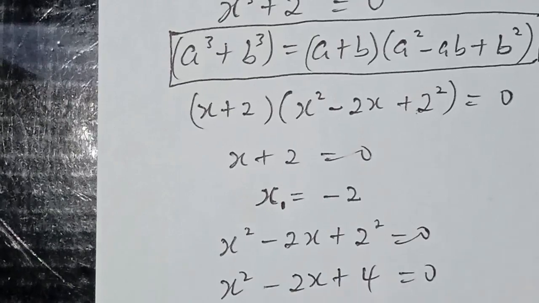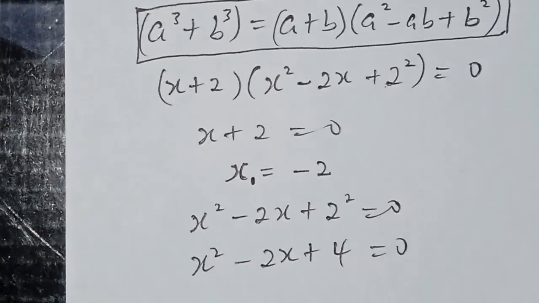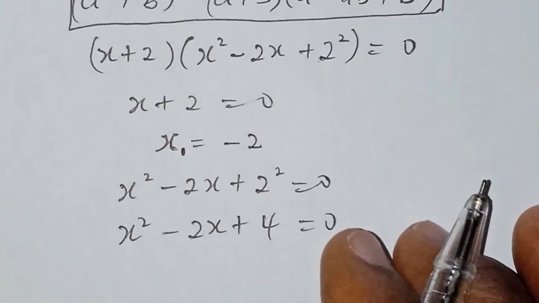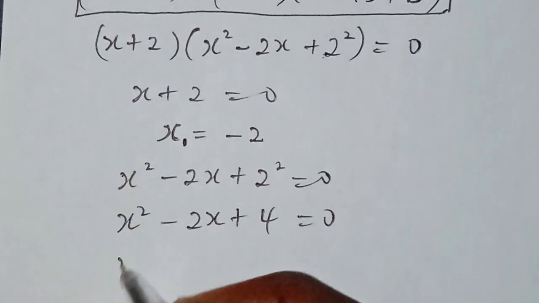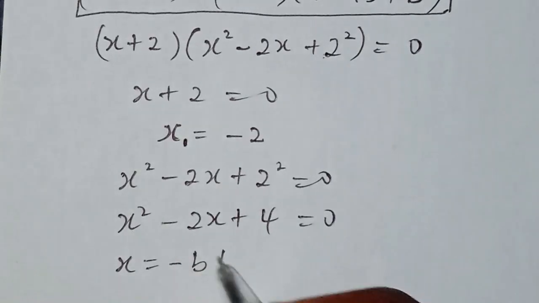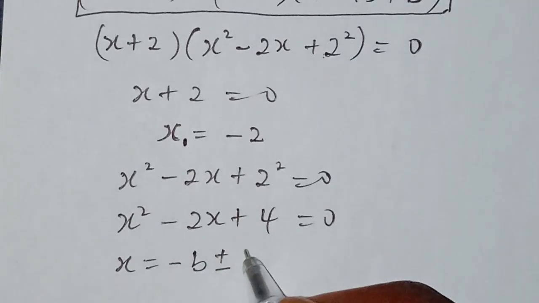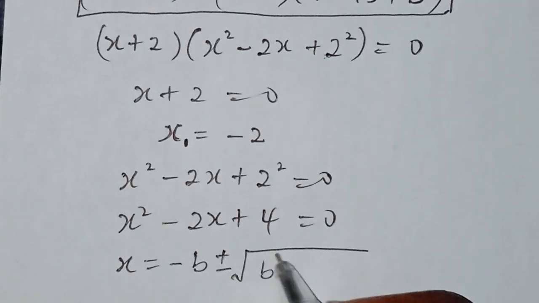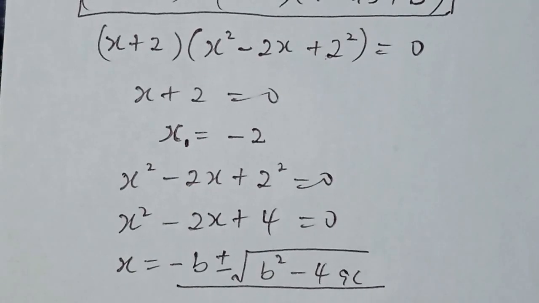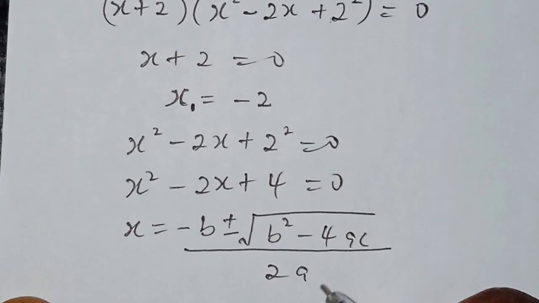So we use the quadratic formula to solve this. We have x equal to minus b plus or minus square root of b squared minus 4ac, all over 2a.